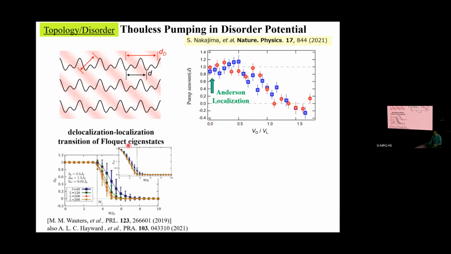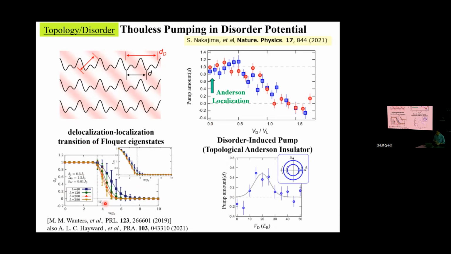Our experimental data is consistent with the recent theoretical calculation shown here. Our experimental results can be interpreted as the localization transition of the Floquet eigenstate, which is discussed in this theory paper. In addition, in this work, we observed another phenomenon of disorder-induced pumping, instead of the disorder suppression of the pumping.